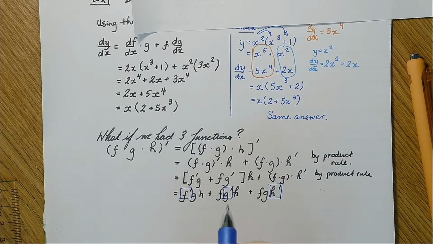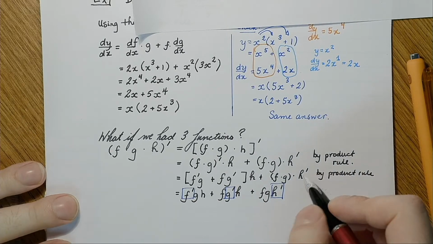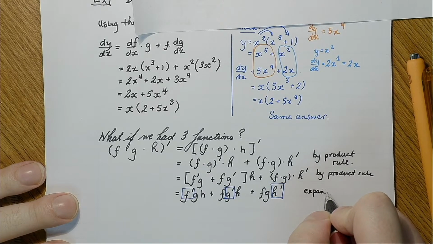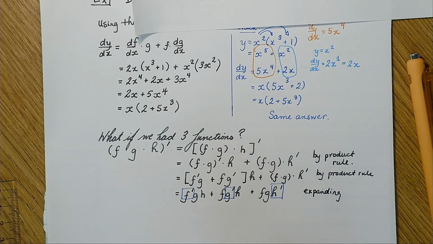So again, first term, first function's derivative. Second term is the second function derivative. The third term is the third function derivative. And that can also work for n functions. So by repeatedly applying your rule, you can get it for n functions.